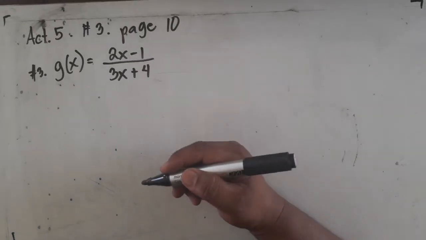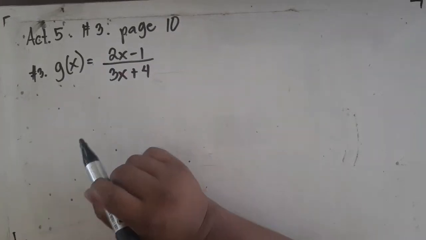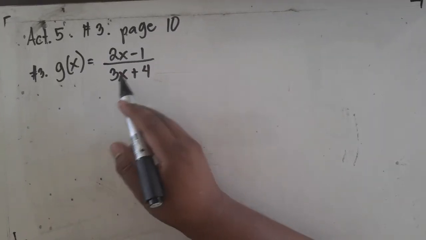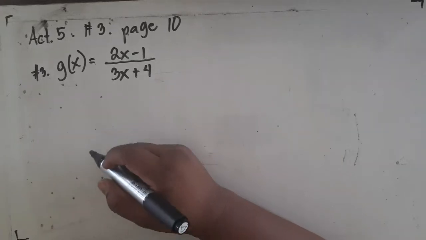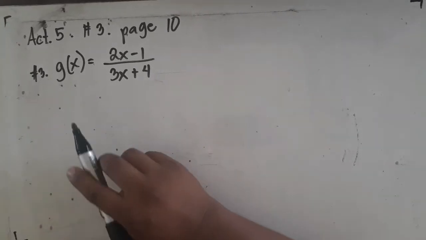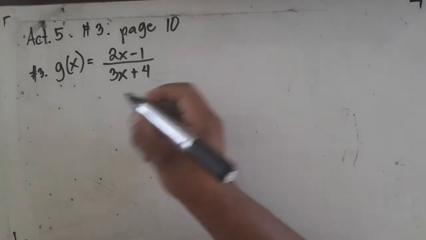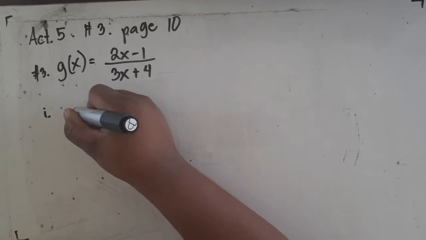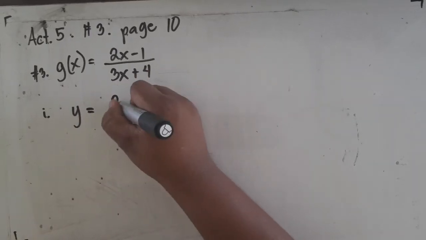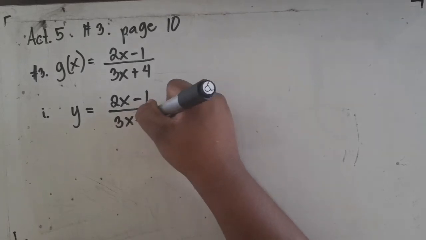Okay, so let's try another example. This time, this is activity 5, number 3, page 10. Given g of x equals 2x minus 1 all over 3x plus 4. So the first step again is change the g function into a y. So this is y equals 2x minus 1 all over 3x plus 4.